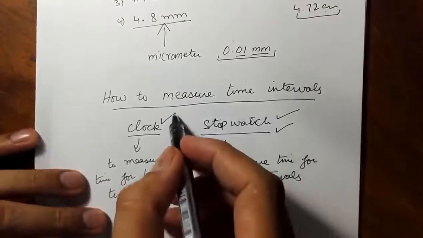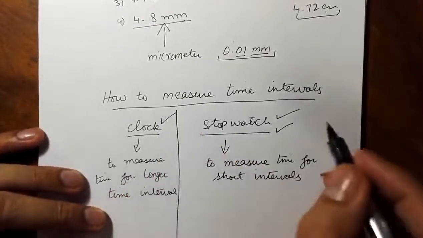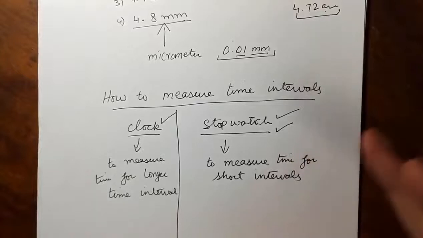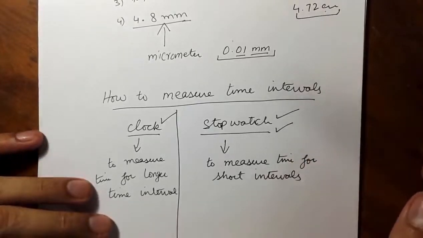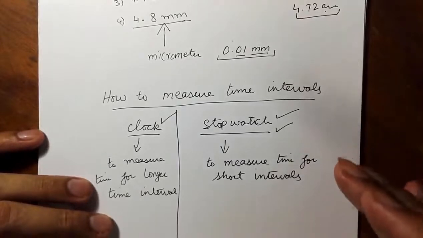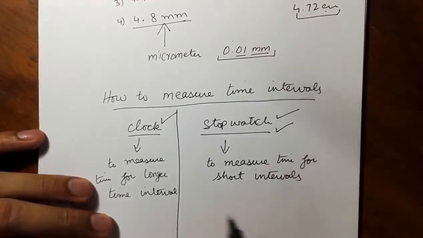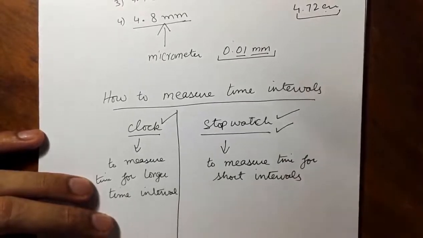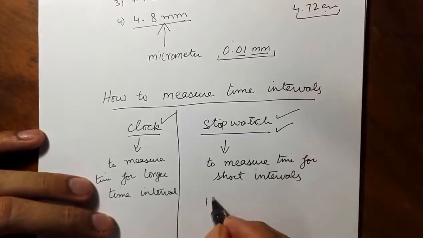Now one more thing, if you need more accuracy in measuring time, then you can run the experiment for 3 to 5 times and note down the readings. Let's suppose an athlete covers a lap of 100 meters in 18 seconds.